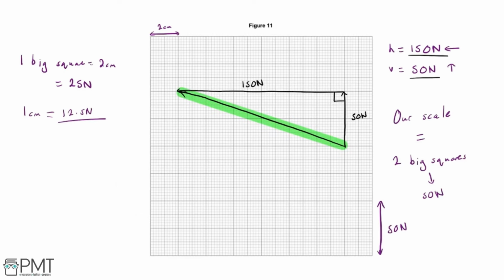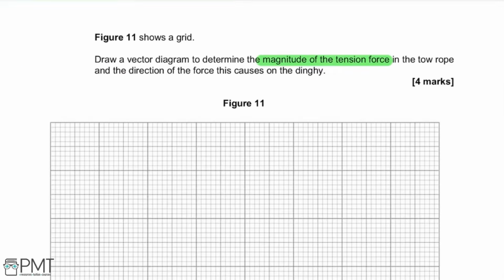So having measured the length of the hypotenuse of the triangle, so this length, you should have got a value that when you multiply it by your scale, so we had 1 centimetre equals 12.5 newtons, you should end up with something between 156 and 160 newtons. It might vary slightly, and they do give you some leeway, but any answer between 156 and 160 would have been accepted for the magnitude.